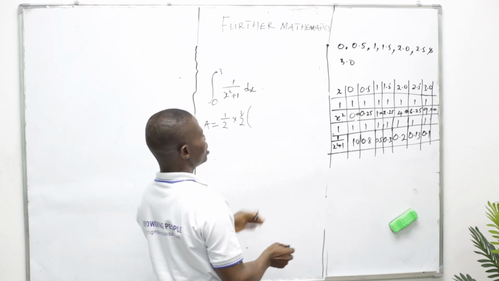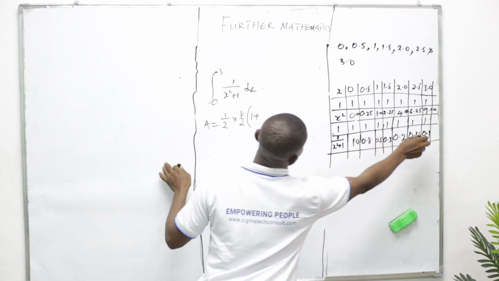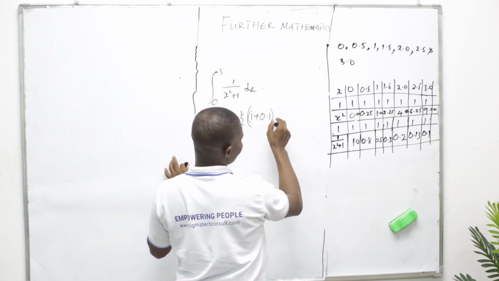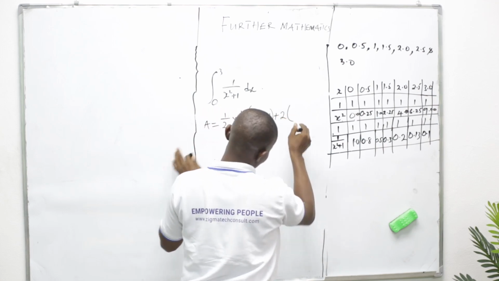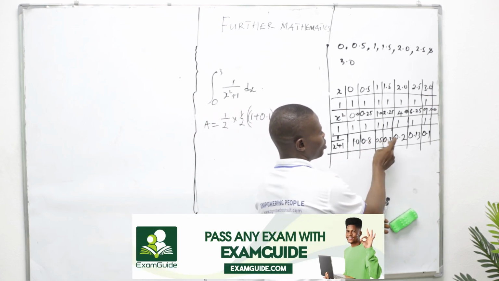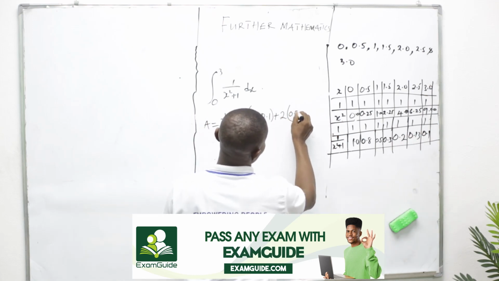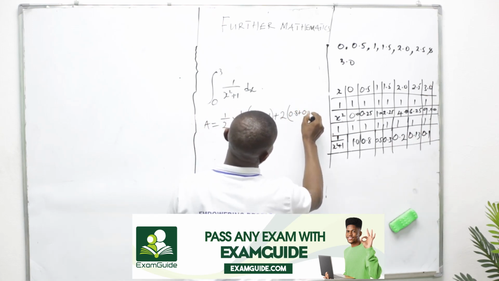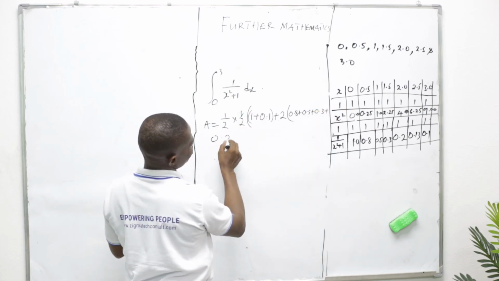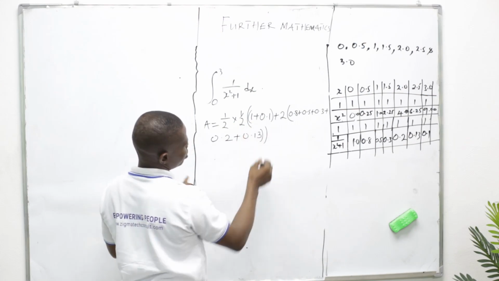So into the first ordinate, 1, plus last ordinate, 0.1. I hope it's clear. I close it, plus 2 into all of them. Where are they? This plus this plus this plus this plus this, except this. That is 0.8 plus 0.5 plus 0.3 plus 0.2 plus 0.13. Close it.